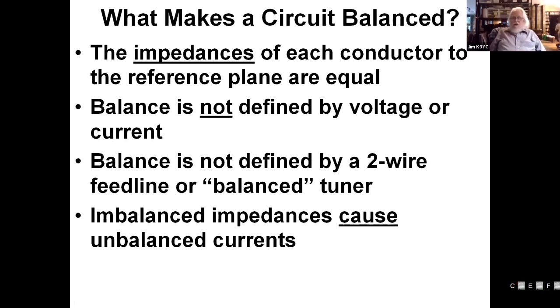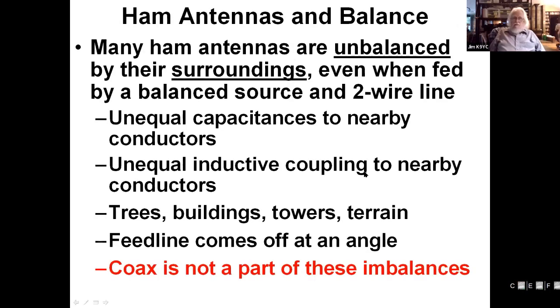The impedances of each conductor to the reference plane must be equal. Balance is not defined by voltage or current. So imbalanced impedances cause unbalanced currents. Most ham antennas are unbalanced by their surroundings, even when fed by a balanced source and two-wire line.